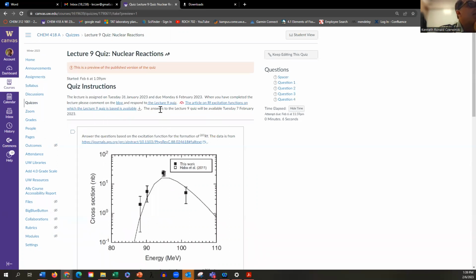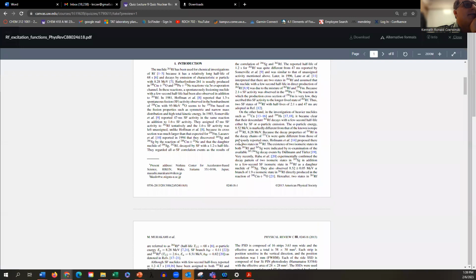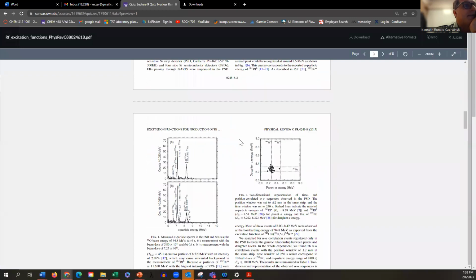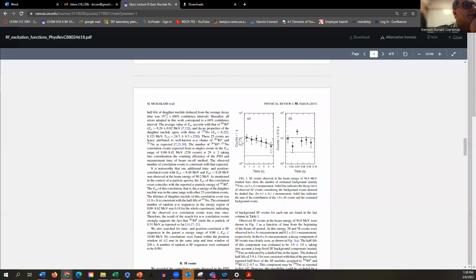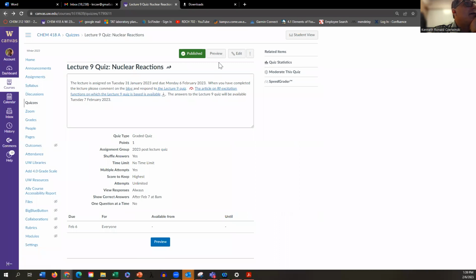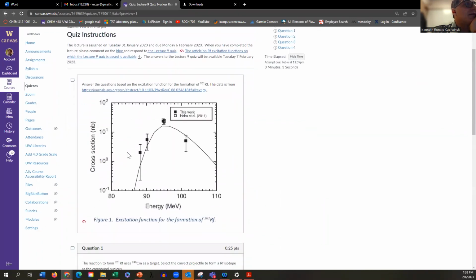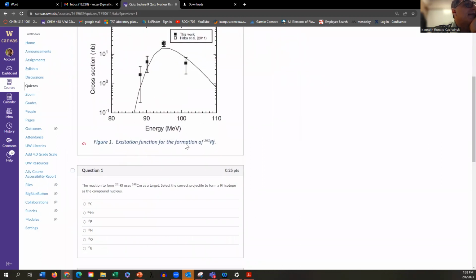It's based upon something from the literature, an article on rutherfordium excitation functions, and you can download the article and look at this. So this will have some details. Answer the questions. This is figure 1 from this work. It's actually figure 7 in the document.